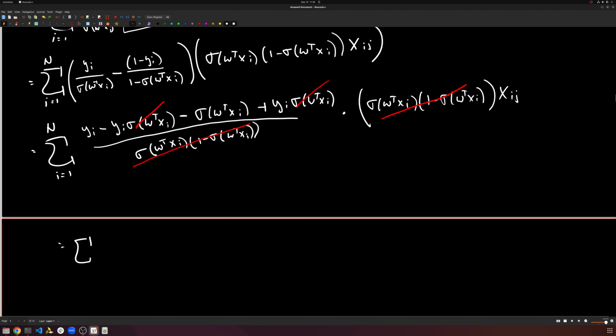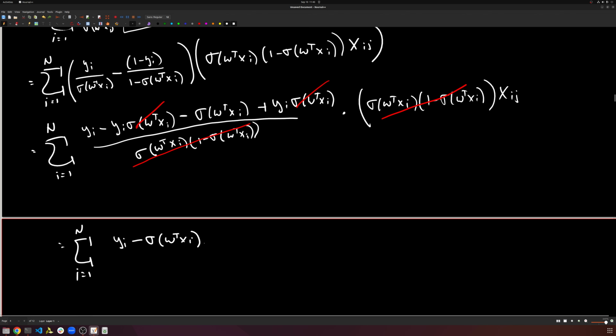Sum over i equals 1 to n of yi minus sigmoid w transpose xi times xij. Great.